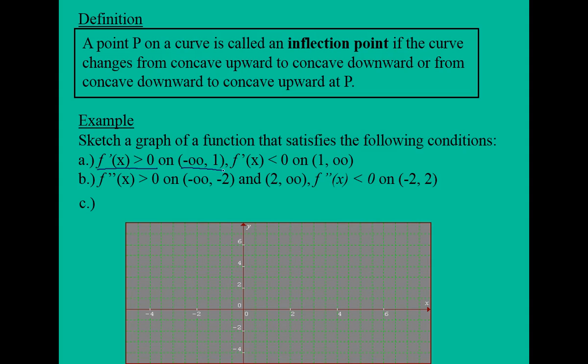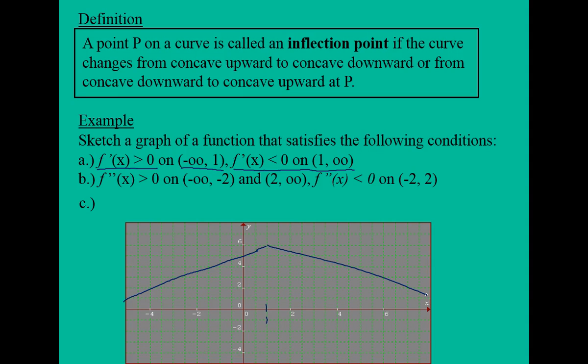So I'm just going to sketch a line that's increasing up to 1. That's all this part tells me. Let's move to the next part. Here it says f prime of x is less than 0, which indicates it's decreasing on the interval 1 to infinity. So we just know it's decreasing.